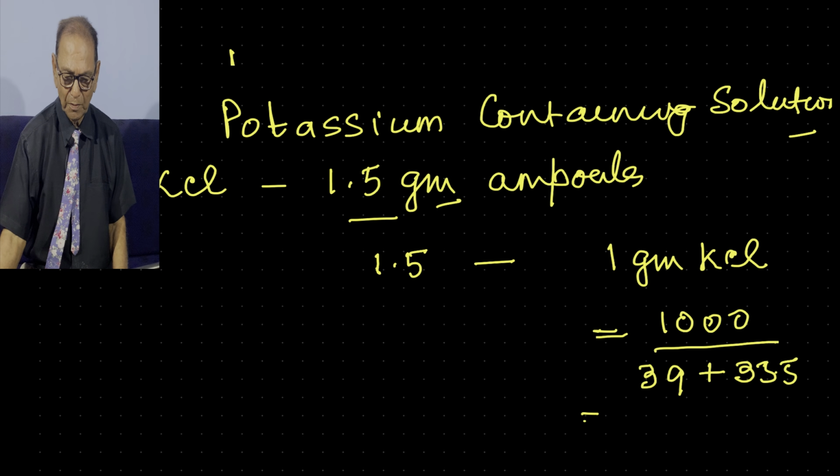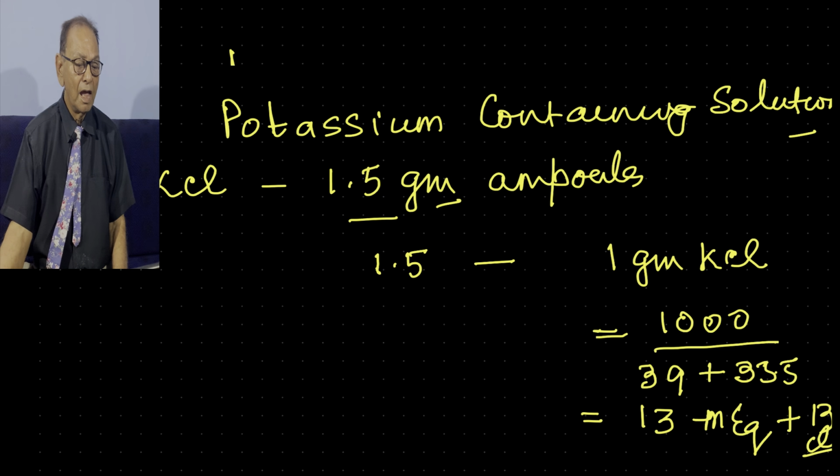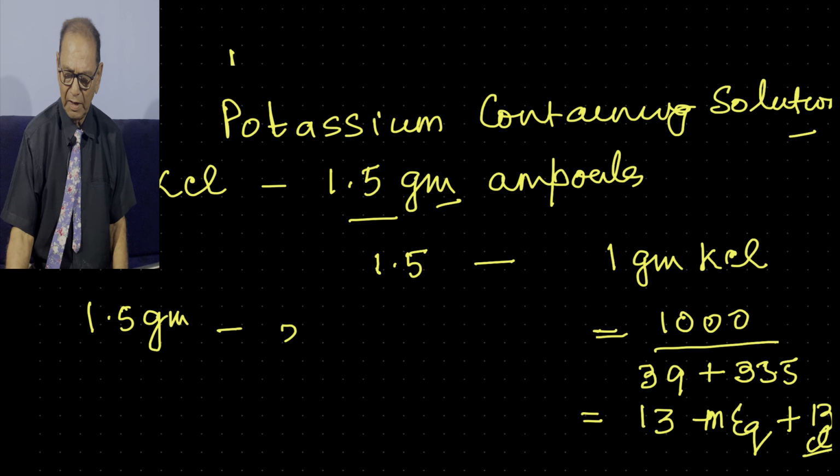Now it comes to 13. So 1 gram of KCl will have 13 milliequivalents of potassium and 13 milliequivalents of chloride. In total, in 1.5 gram of KCl which you are infusing, you will be infusing 20 milliequivalents of potassium.